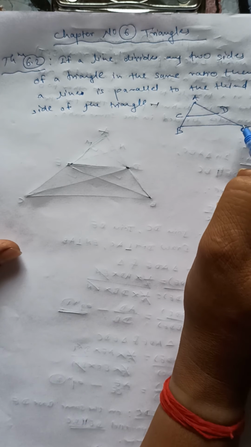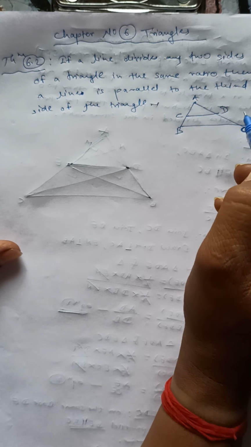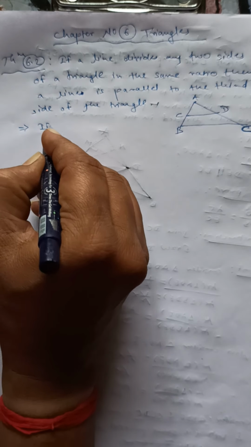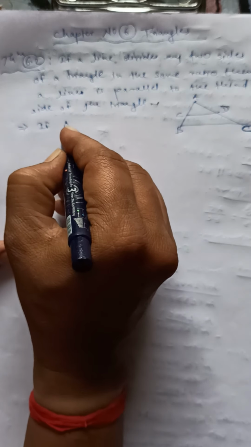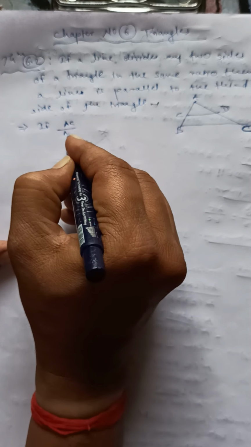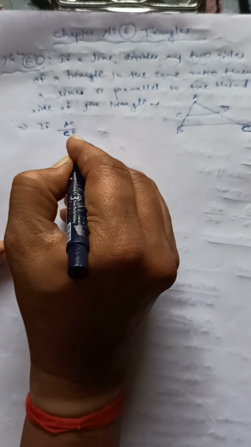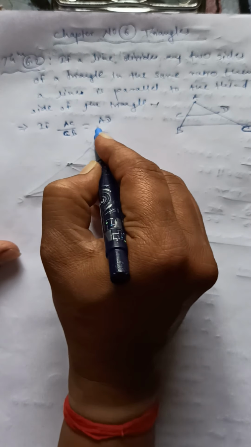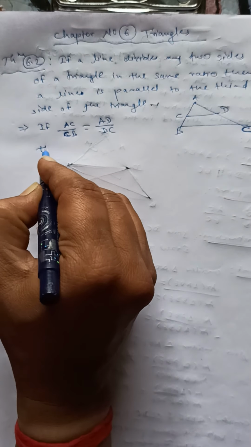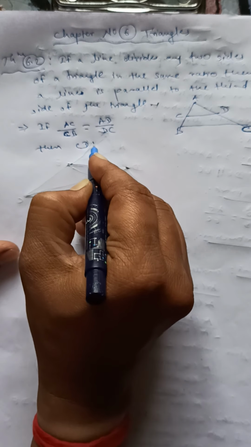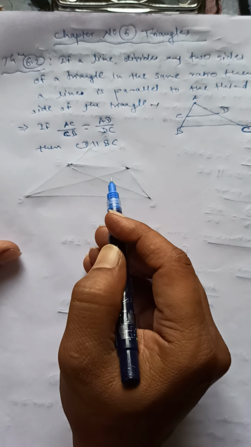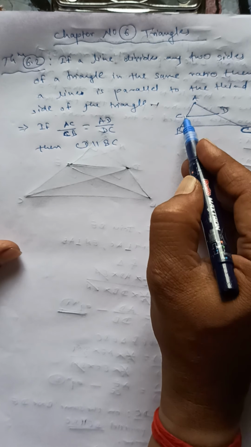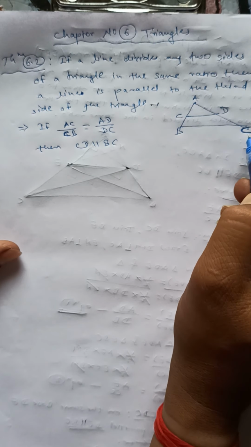These two sides are divided in the same ratio. Means what? That is, we can say that if AC upon CB is equal to AD upon DC, then CD is parallel to BC. CD is parallel to BC when AC upon CB is equal to AD upon DB.